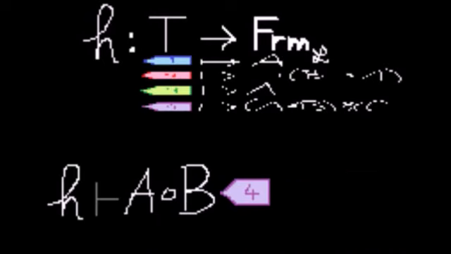Conclusions, on the other hand, are formulas tagged with a subset of big T, which indicates from which hypotheses they are derived. These tracking tags are mainly used to understand the scope of each formula being derived.